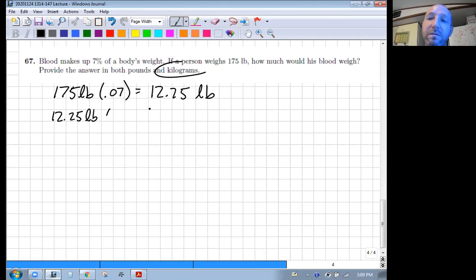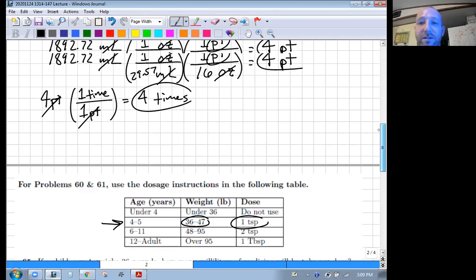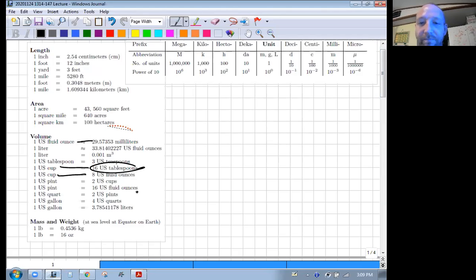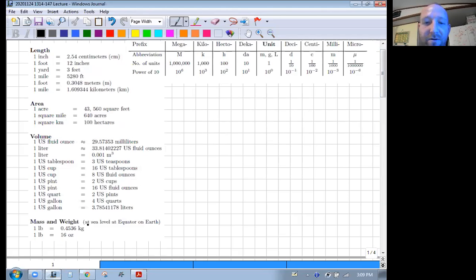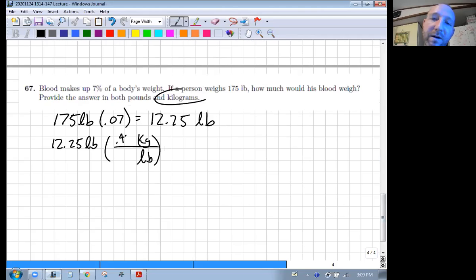Pounds. We want to get rid of pounds. We want kilograms. Let's see what our chart tells us. Pounds, kilograms. 0.45 kilograms make a pound. Pounds are gone.